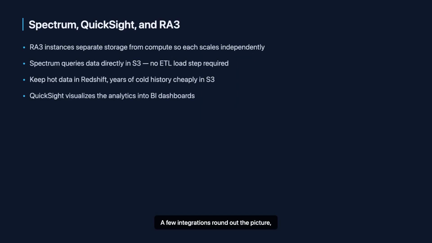A few integrations round out the picture, and they map to common keywords. RA3 instances separate storage from compute, so you can scale each one independently instead of paying for both together. Spectrum lets Redshift query data directly in S3, without loading it first, no extract transform load step required.